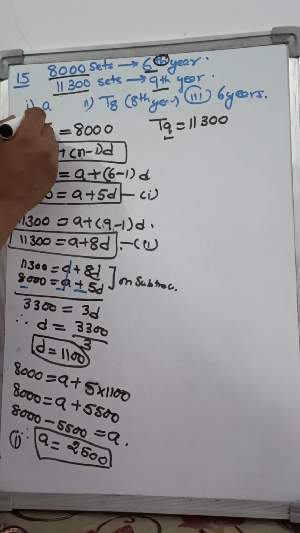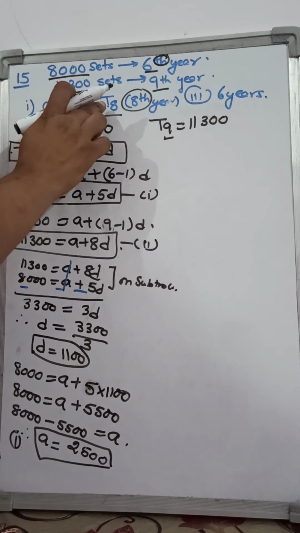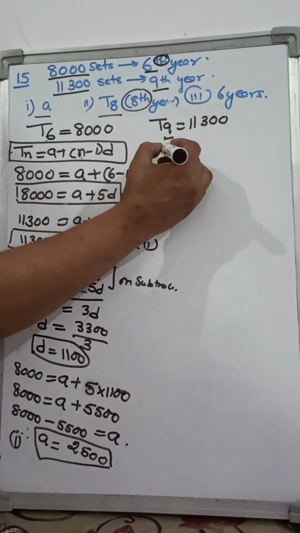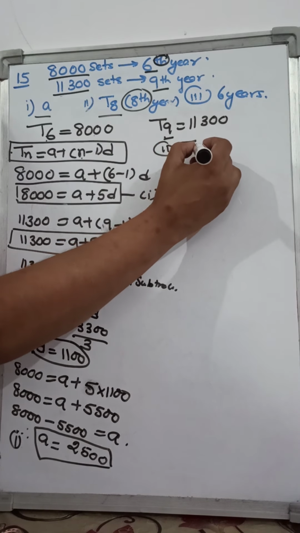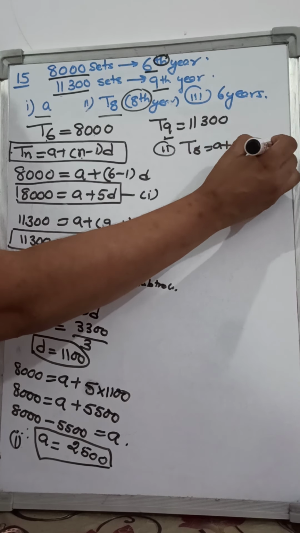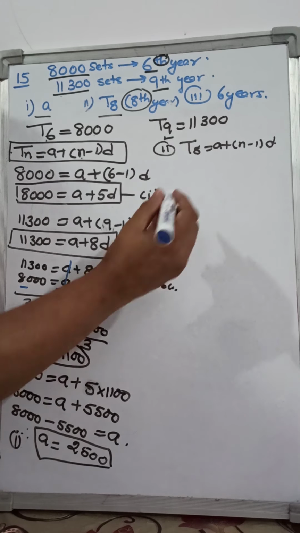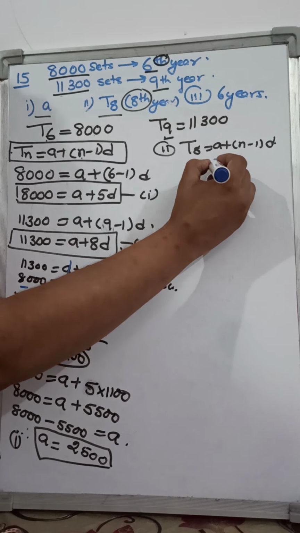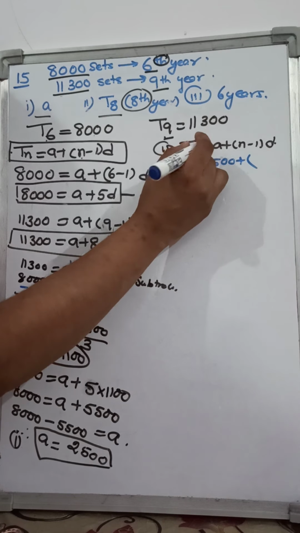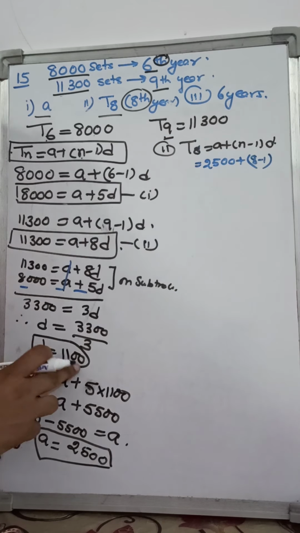Now, we have found it out. Next, we have to find the 8th year, that means the 8th term we have to find out. So, T8 is A plus n minus 1 D. Now, we will substitute the value. What is A over here? 2,500 plus n is 8, so 8 minus 1, and D is 1,100.